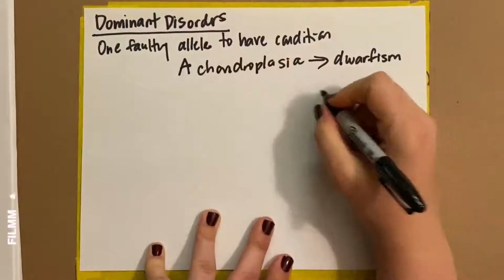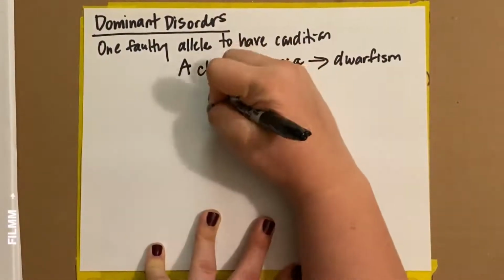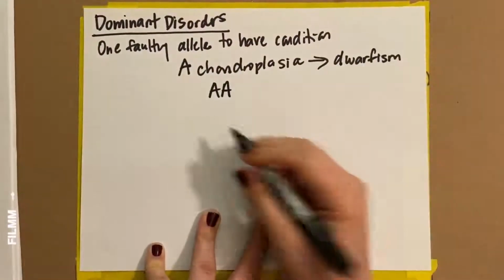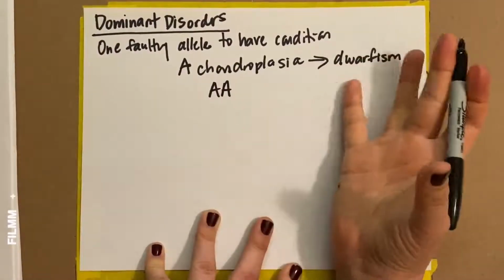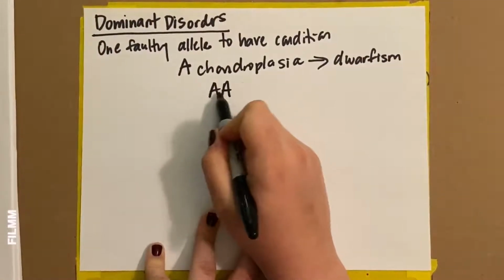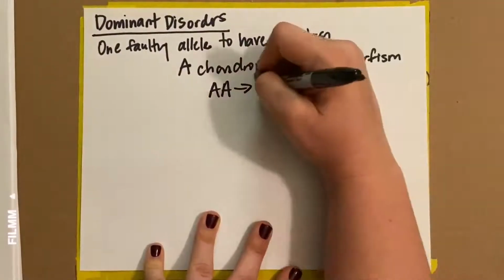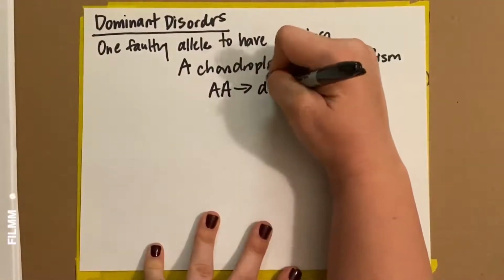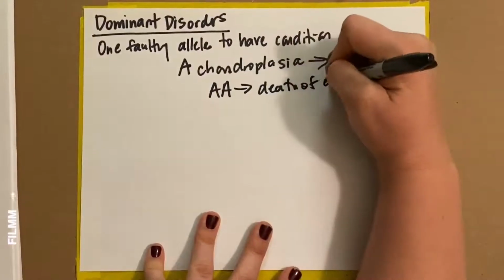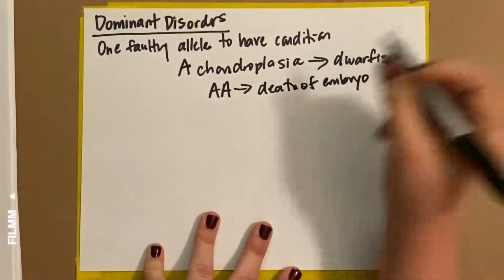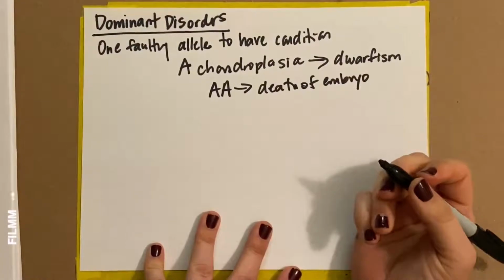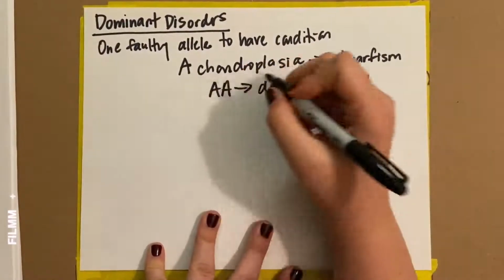Okay, this is a dominant disorder, and so when you have the allele that carries the dwarfism, the dominant, homozygous dominant causes the death of the embryo. So having 2 of the bad alleles basically makes it so that a baby will not survive at all.